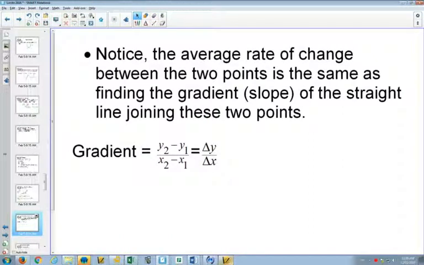So all we're doing is that average rate of change is just looking at the slope or the gradient between 2 points. If we want to find an instantaneous one, we have to come up with some way of figuring out the slope of the tangent at a specific point.